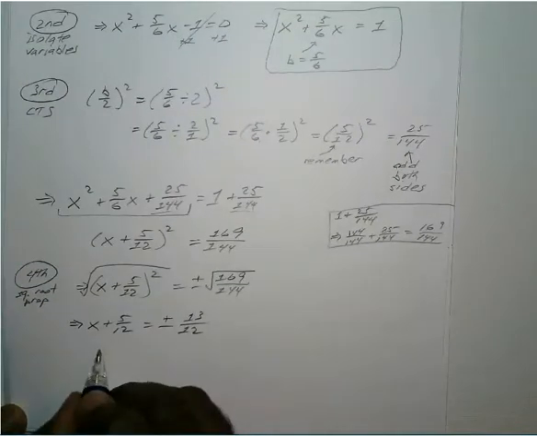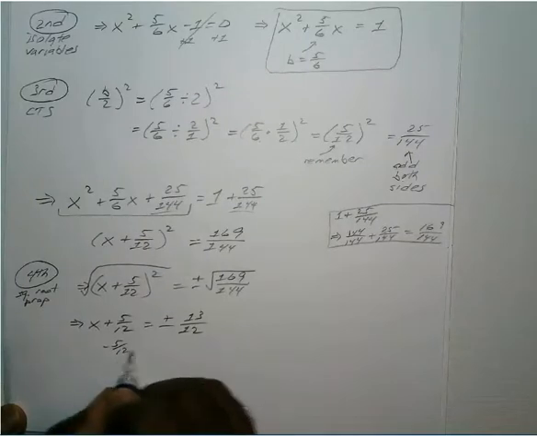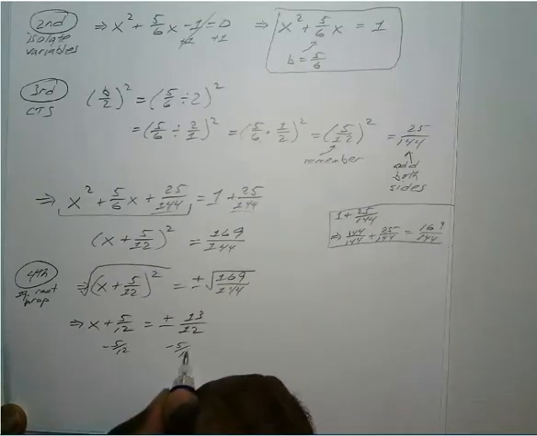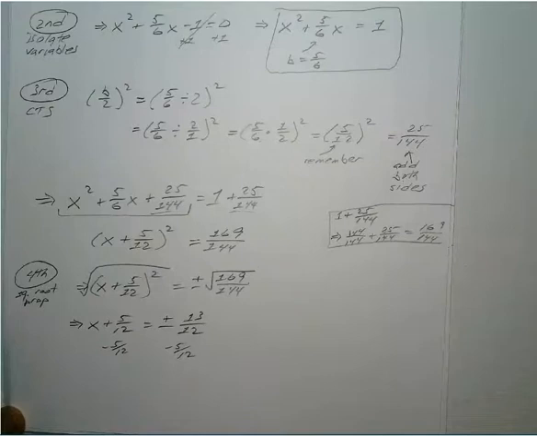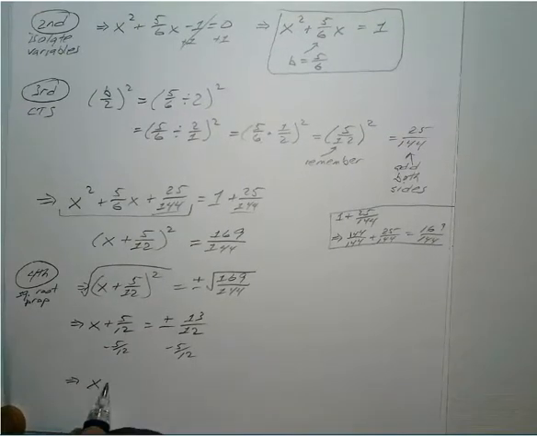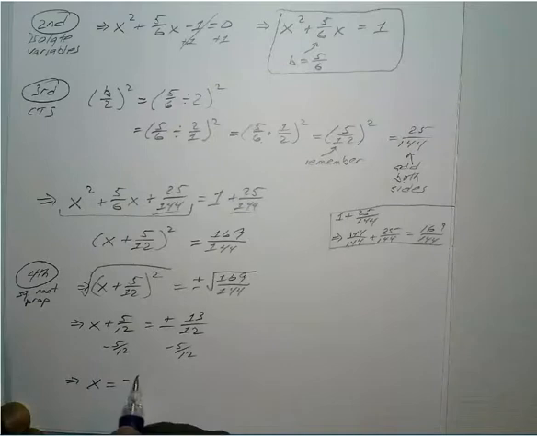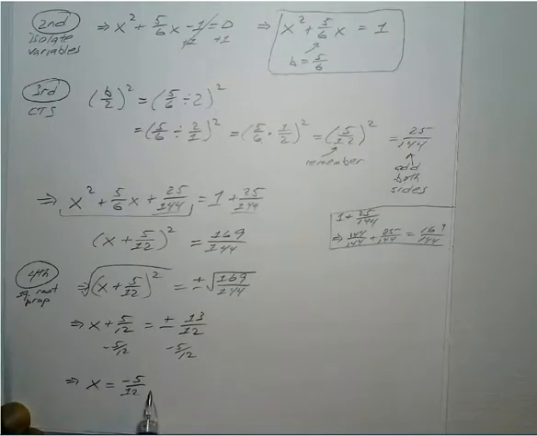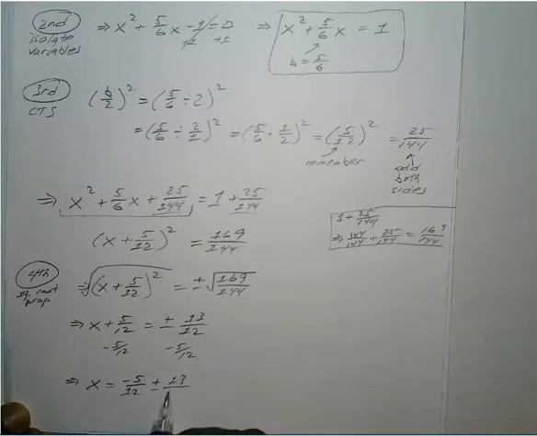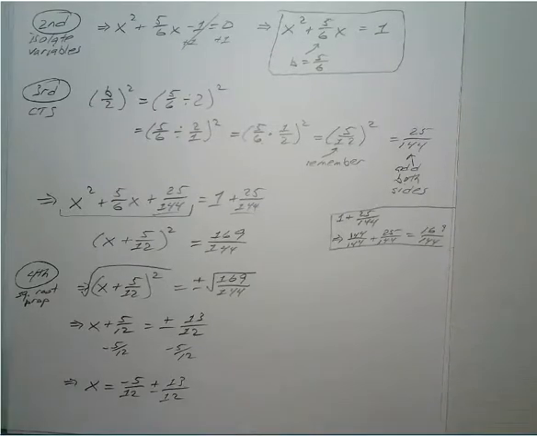Okay, so if we subtract 5 over 12 from both sides, we end up with x equals negative 5 over 12 plus or minus 13 over 12. Okay, now for this one, we won't be able to just leave it like that because this actually can be reduced some more.